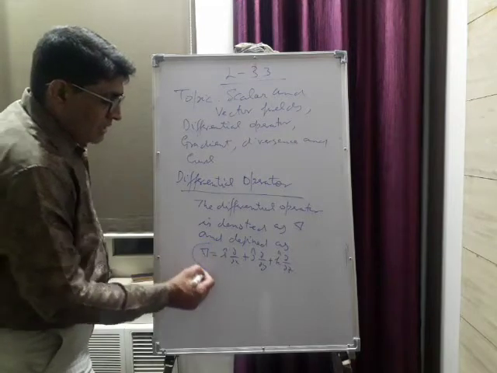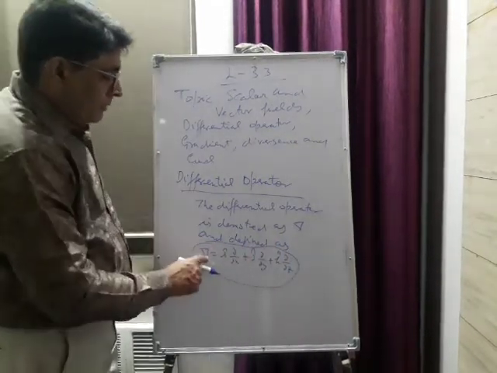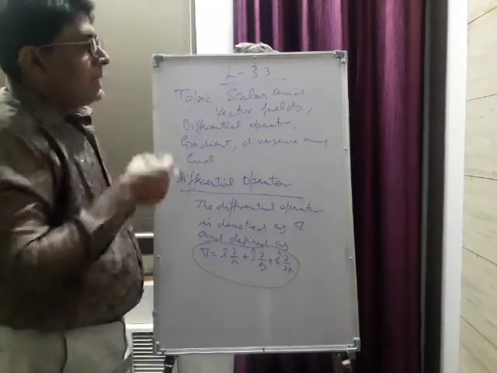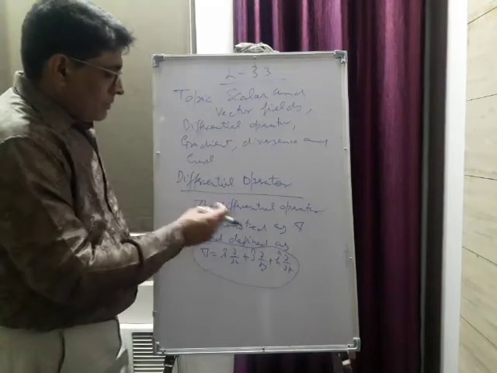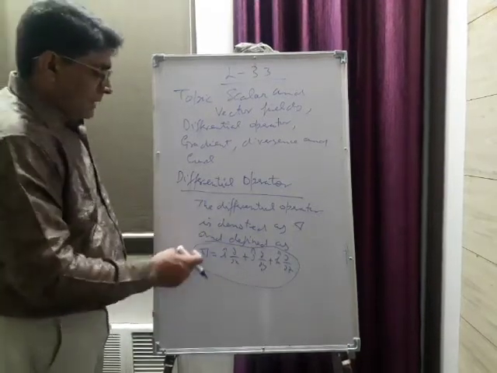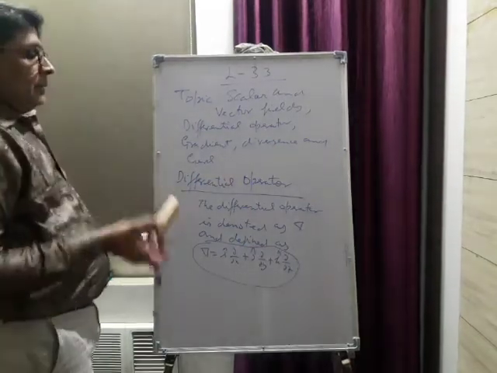This is known as the differential operator, which is denoted by del. In the previous lecture on tangent and plane, we already discussed this. So now here del equal to this.